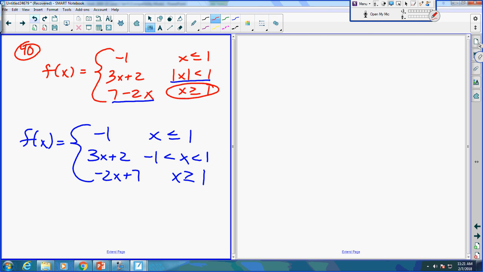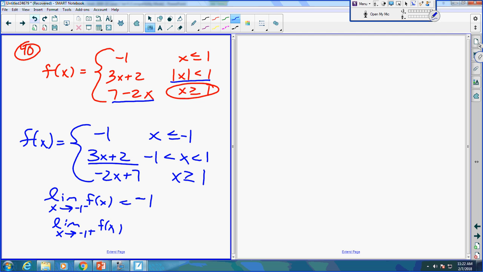All right, so again, I would probably take a second and do limits on this piecewise. And I want to look at what's happening as I come to -1 from the left side. And when I come from the left side, it's just -1, right? It's just that horizontal line. And when I go in the middle function, when I come to -1 from the right side, I have to use this function.